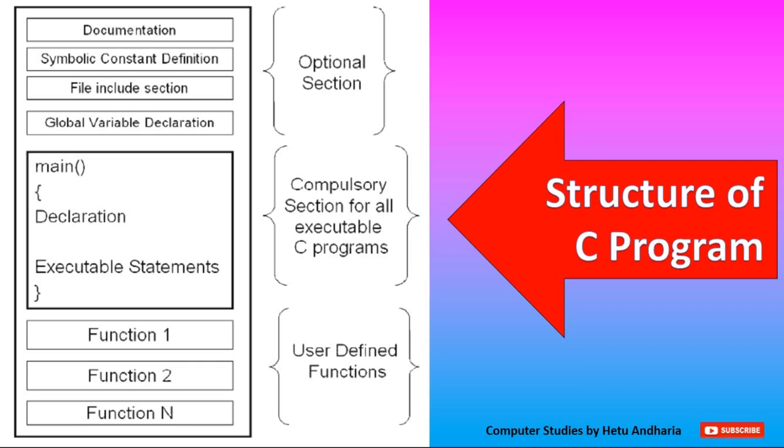Everything you have to do after main, bracket open, bracket close, and in between the curly brackets, starting and ending curly brackets. Then comes another optional section, user defined functions. If you want to create any function of your own choice, then you can create it after the main program gets over. That is here. Now one by one I am explaining the things.